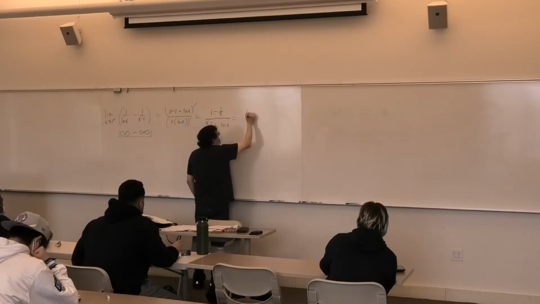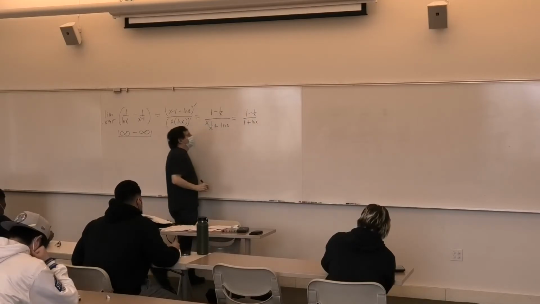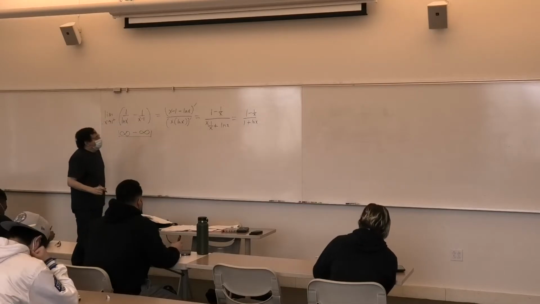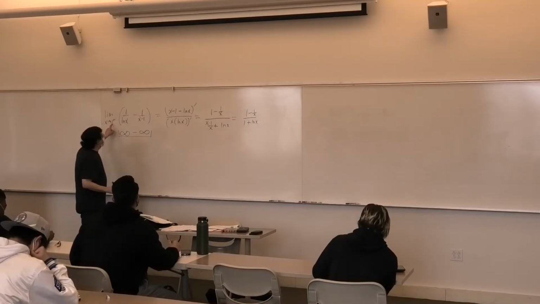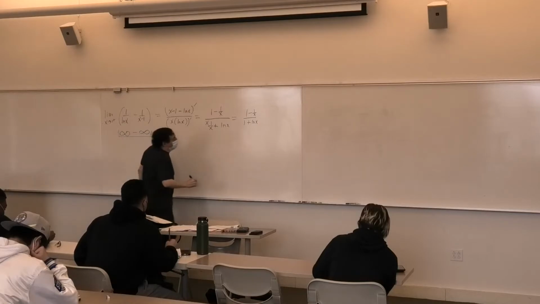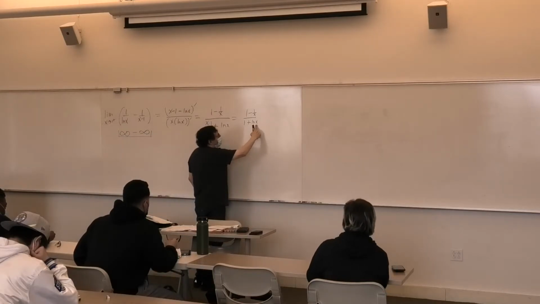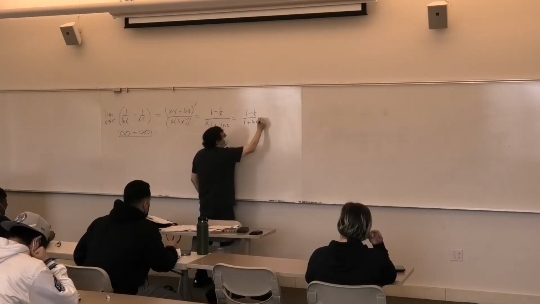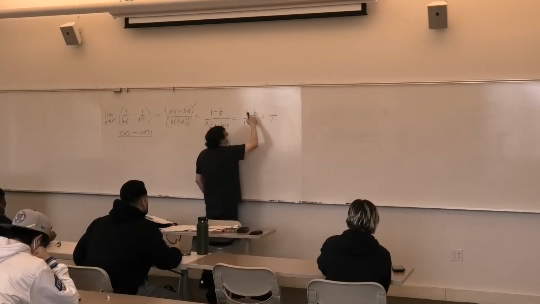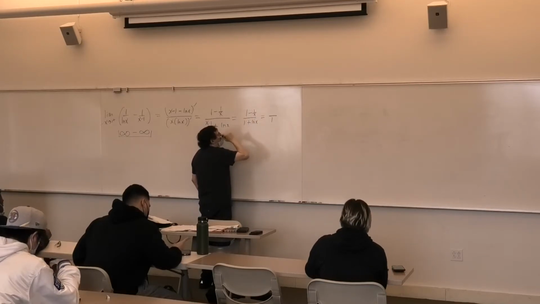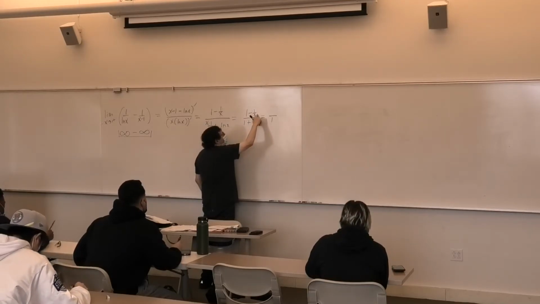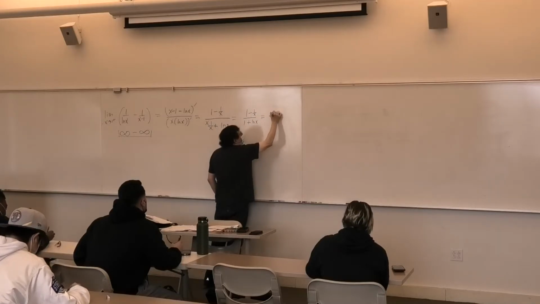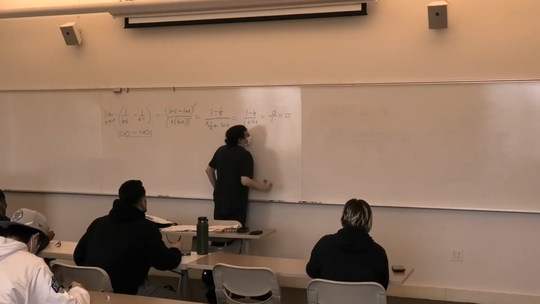So we end up with 1 minus 1 over x, over 1 plus the log of x. Well, let's check. As this gets close to 1, the log goes to 0. So we have 1 plus 0. So this is going to 1. And 1 minus 1 over x, well, that's going to 0. So the limit is 0.